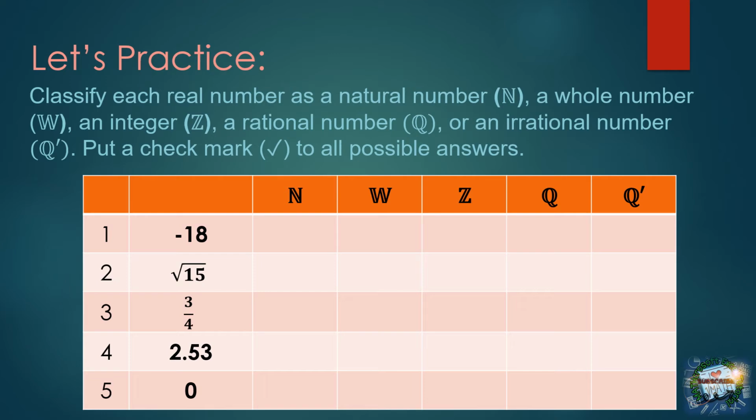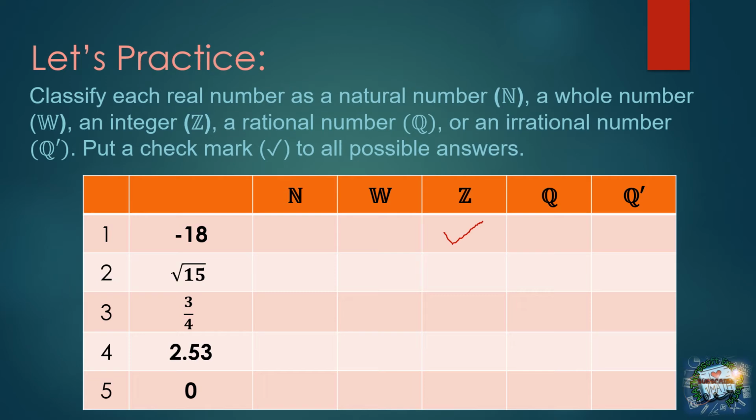Is it a natural number? Natural or counting numbers are 1, 2, 3, 4. Is it a whole number? It's not a whole number either, because whole numbers are 0, 1, 2, 3, 4. Is it an integer? Yes, it's a negative integer, so we put a check here, and it belongs to the set of integers.